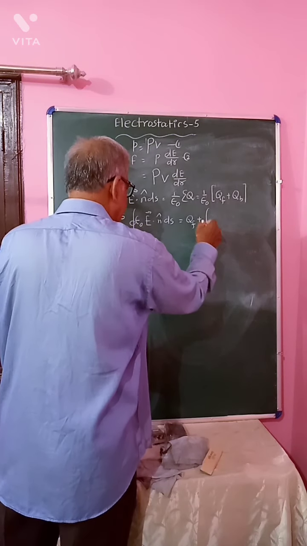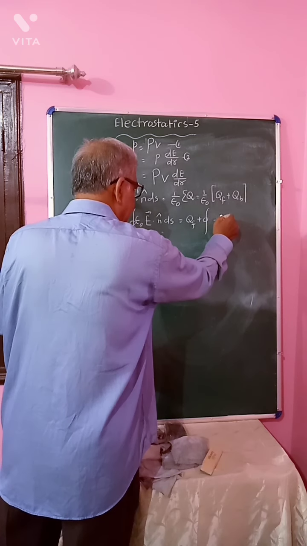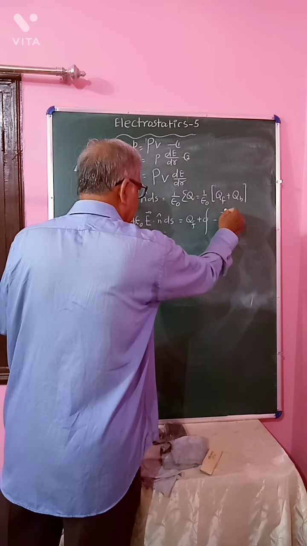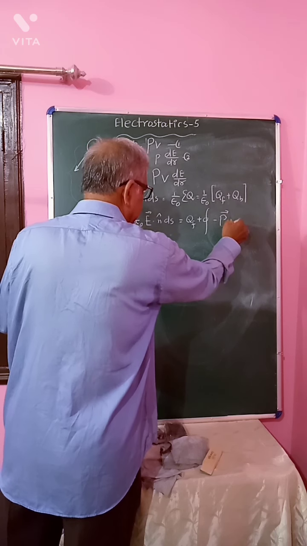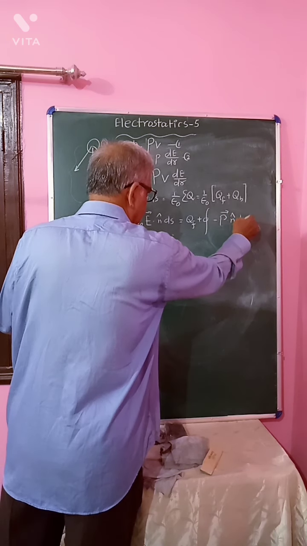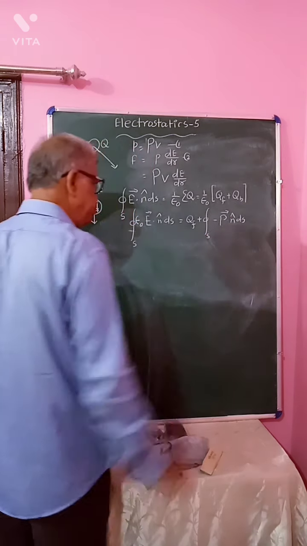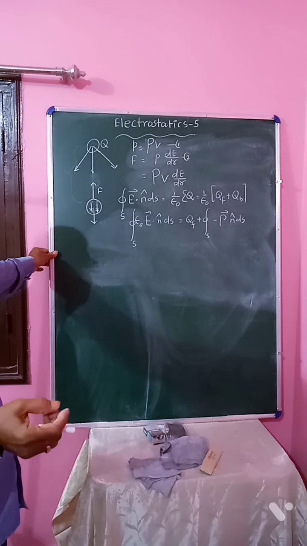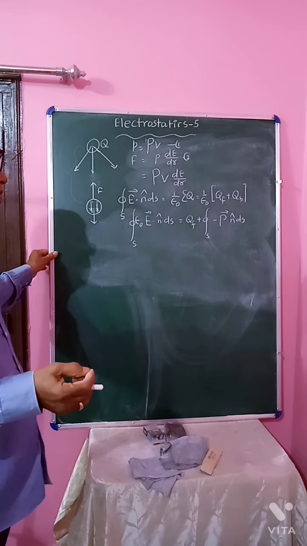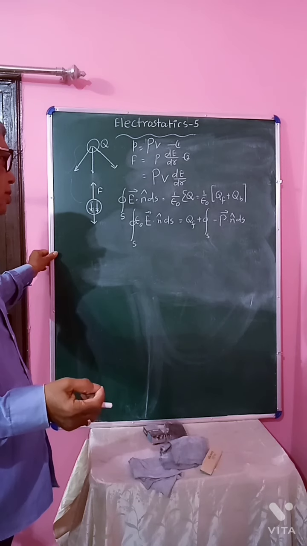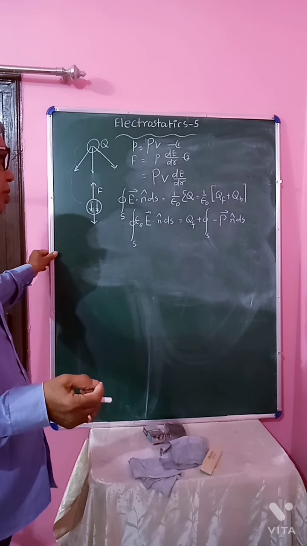Bound charge here, I can write, is related to the polarization, the flux of the polarization vector. How and why, this is very important, but time is not enough to discuss how.